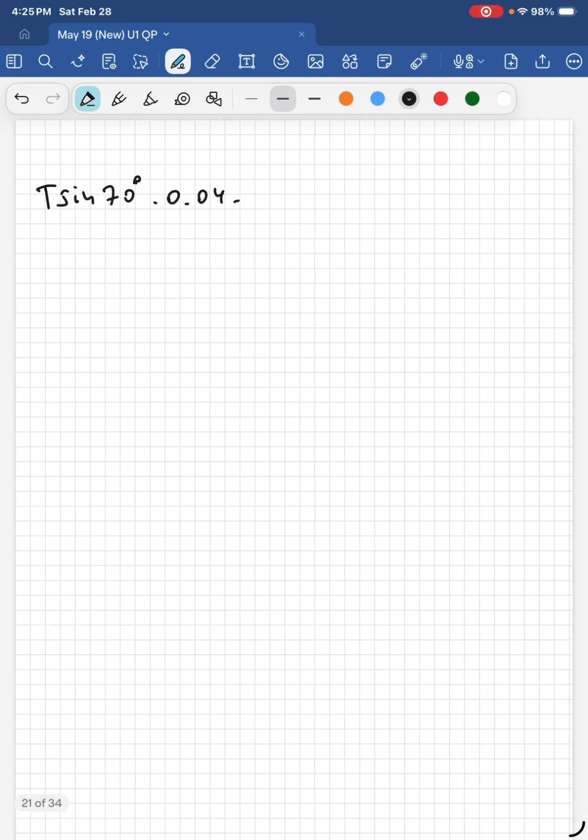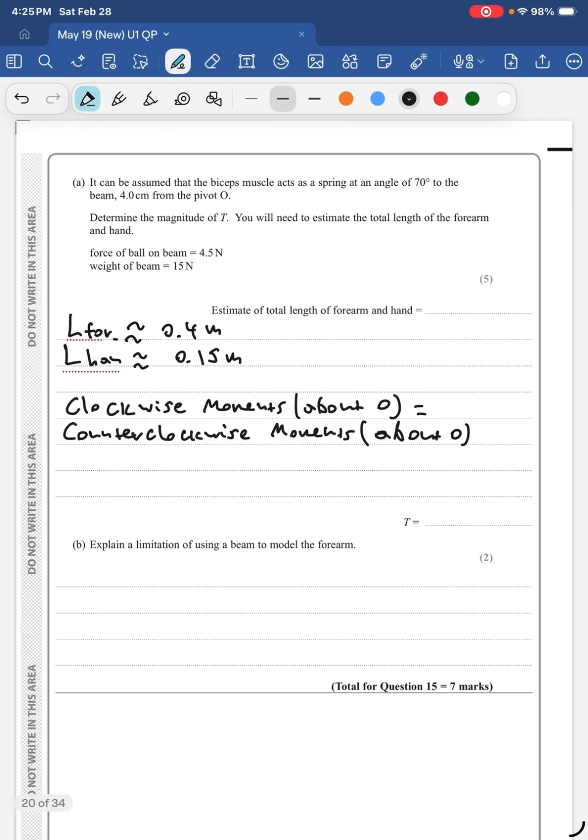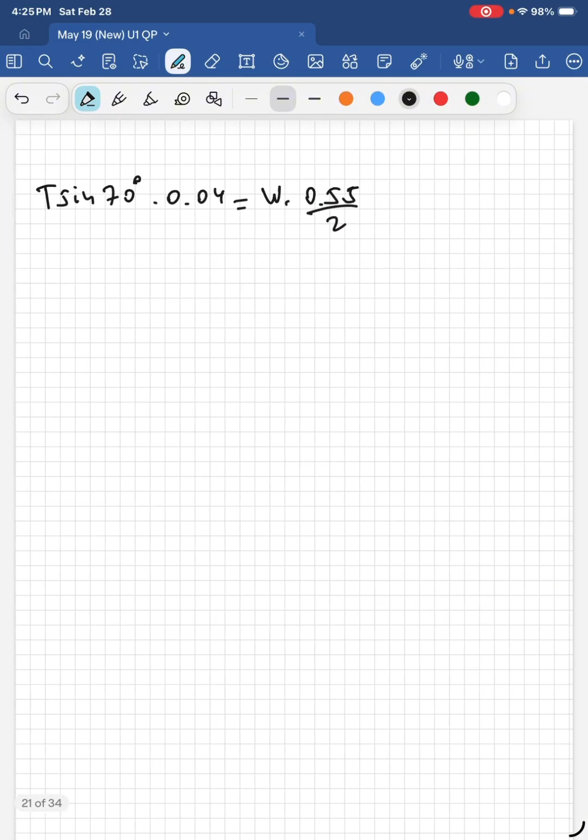So this must equal the clockwise moments. So the weight times the length of the forearm plus the length of the hand, which is 0.55 meters, over 2, right?